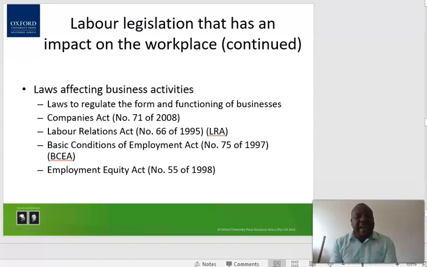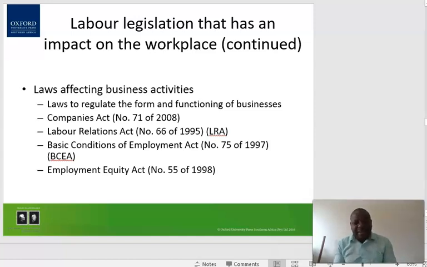So there are a number of laws that affect business activities in South Africa. Laws to regulate the form and functioning of business. We have the Companies Act. We looked at the Companies Act in chapter 3, when we looked at companies as a form of business and also partnerships as forms of business.